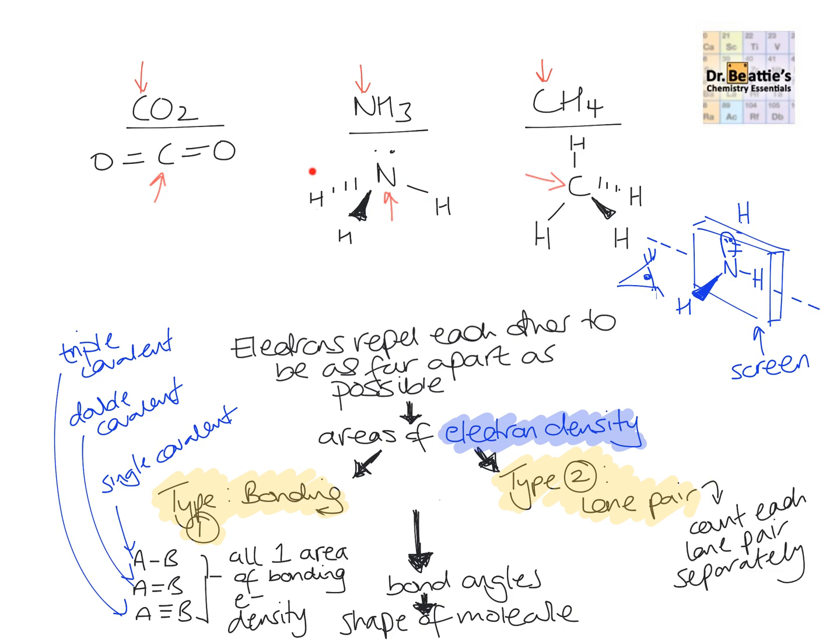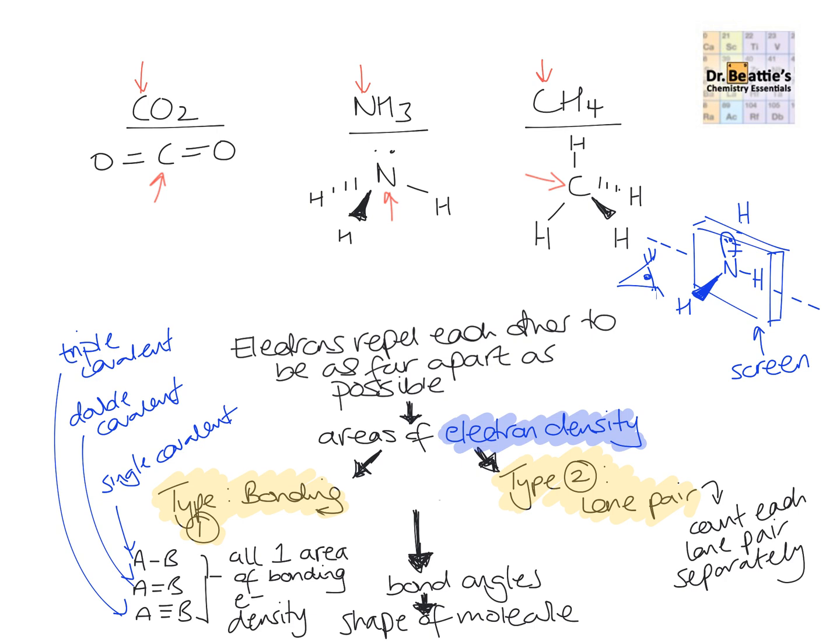So here in the ammonia molecule, we can see that we have 4 areas of electron density, 3 of which are areas of bonding, and the 4th area is this lone pair up here. And finally, just to conclude, methane here, we have 4 areas of electron density and all 4 are bonding areas.